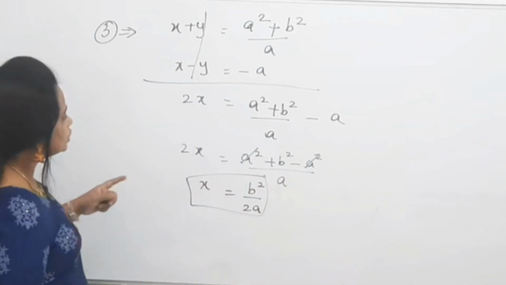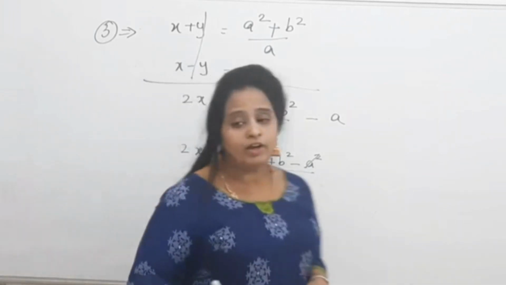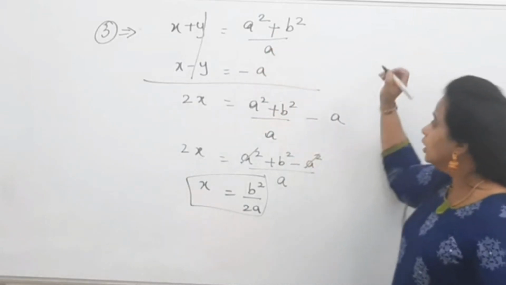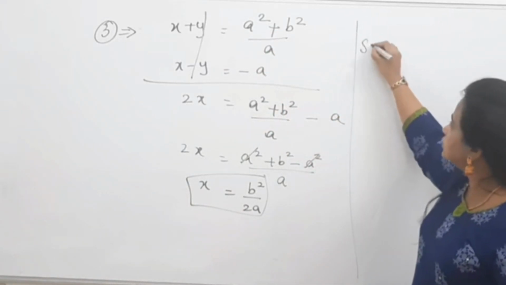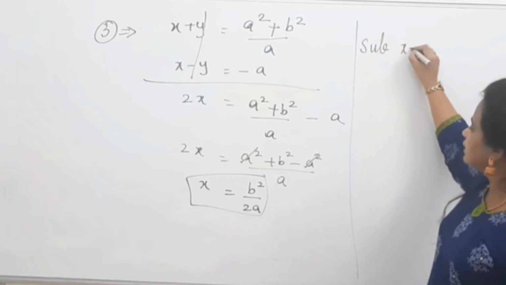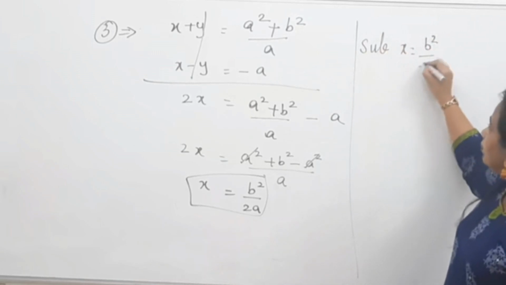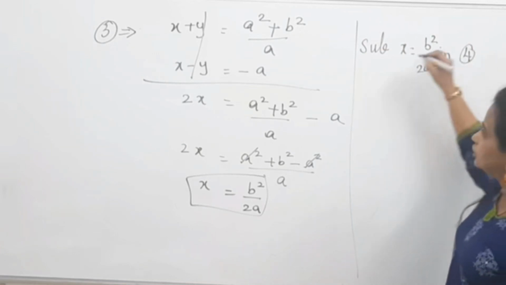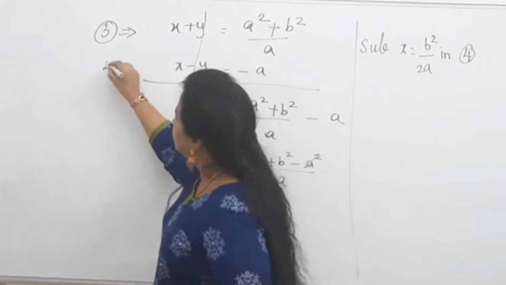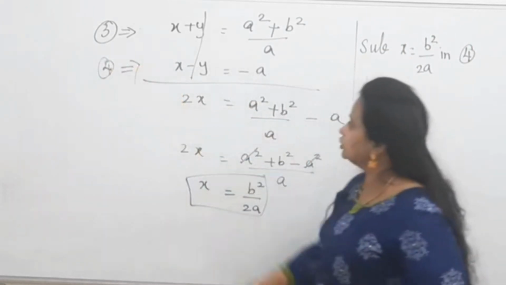Now I'm going to substitute this value in any one of these two equations to get my y. This is the simplest equation. Substitute x is equal to b square by 2a in the fourth equation. This is the third and the other one is the fourth equation.